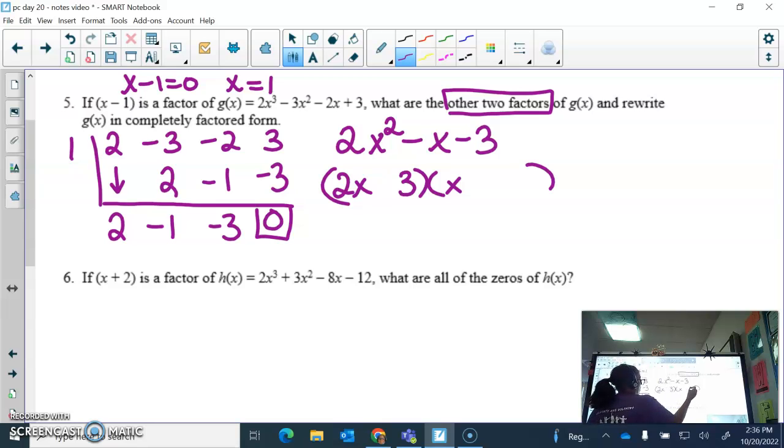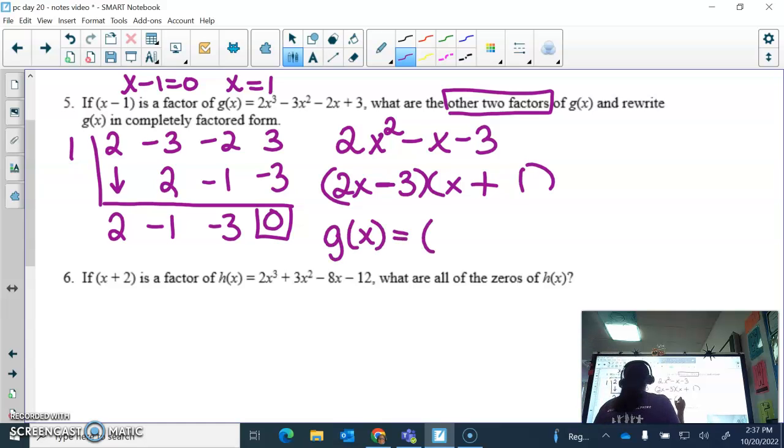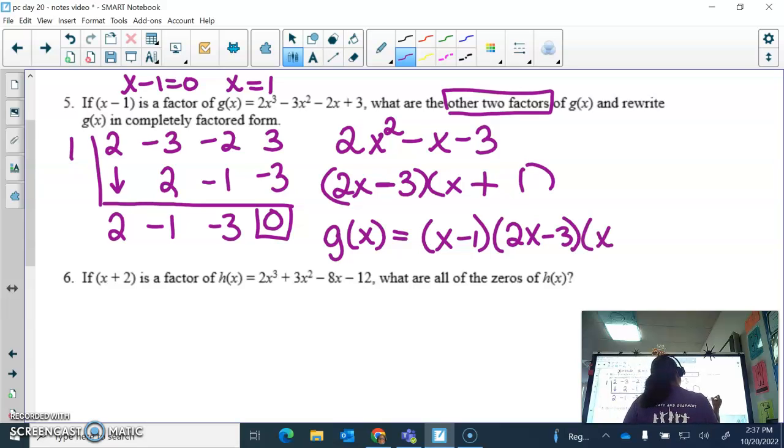So if I put a 3 here and a 1 here, that gives me 3 and 2, and I think my 3 has to be negative and positive 1. So 2x squared, negative 3x plus 2x is negative 1 minus 3. All right, so there are the two factors, and then it says rewrite g of x in completely factored form. And there it is.